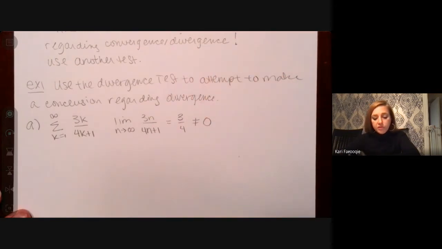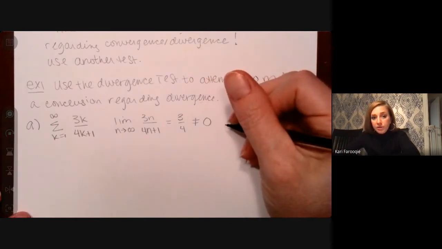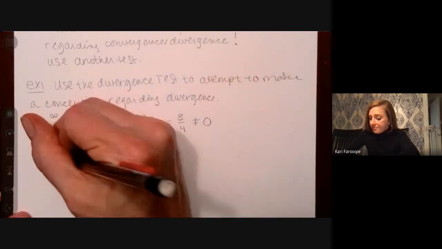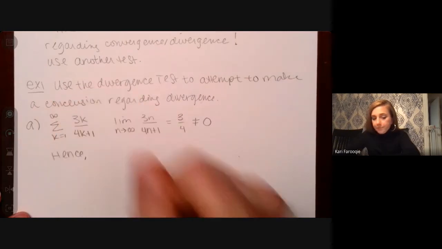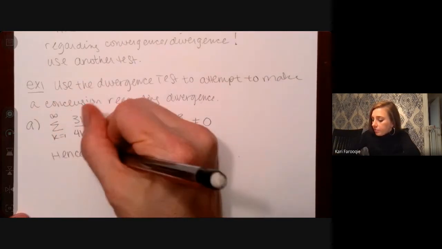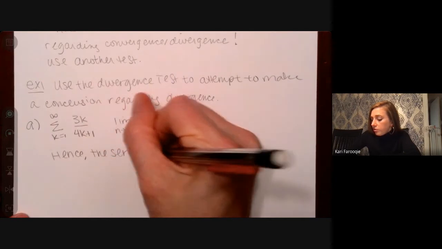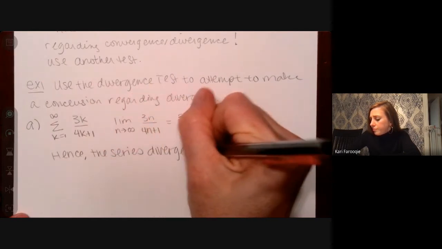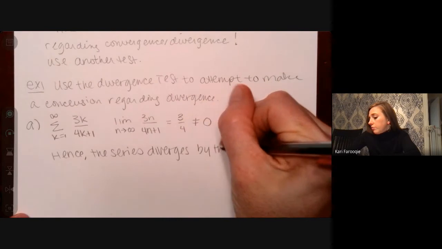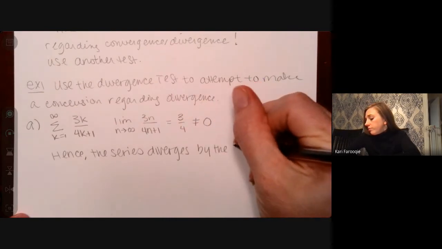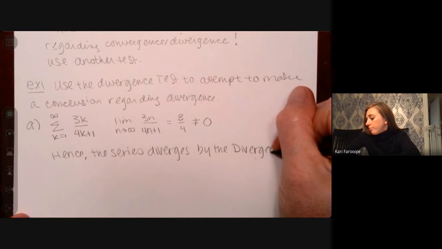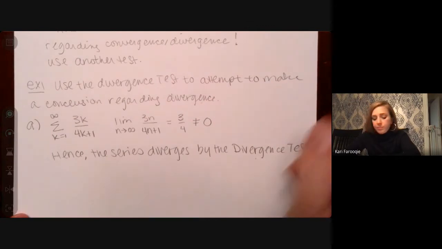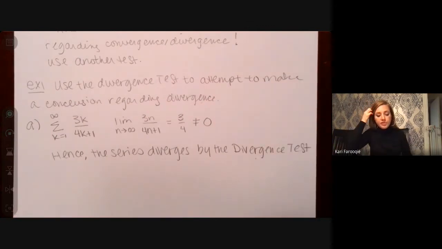And because 3/4 does not equal 0, we can say that our series diverges. So we're going to say, hence, the series diverges by the divergence test. There we go. Done. That's how you use the divergence test.